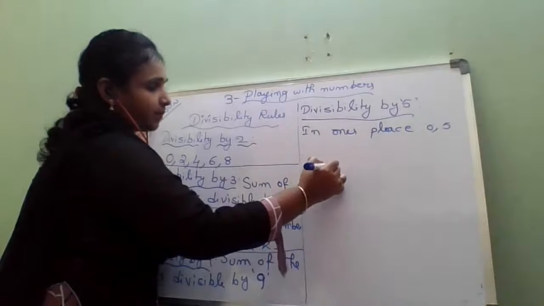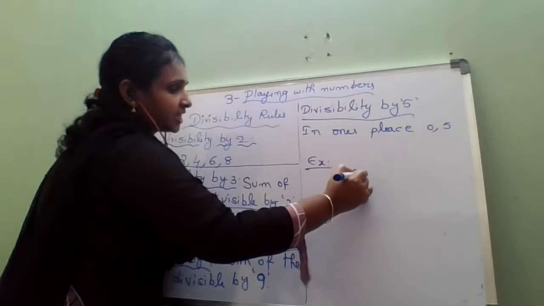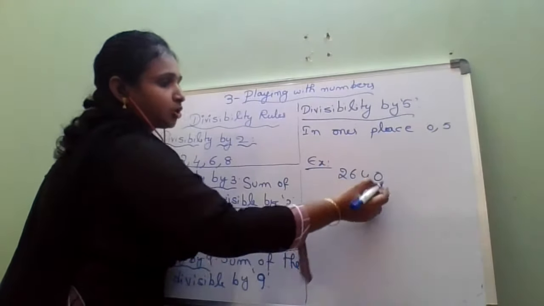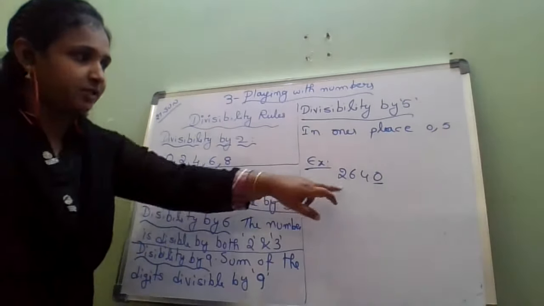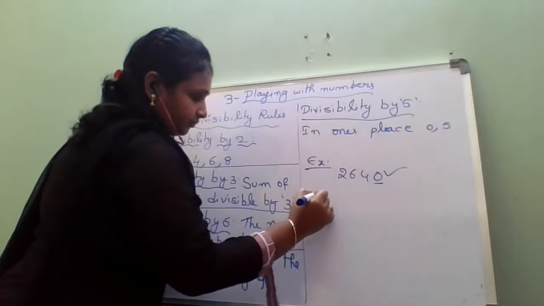For this, let's take some examples. 2, 6, 4, 0. The last digit in the ones place is 0, so this one is divisible by 5.